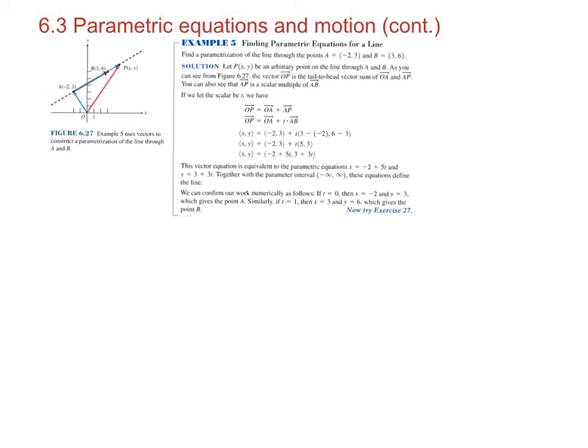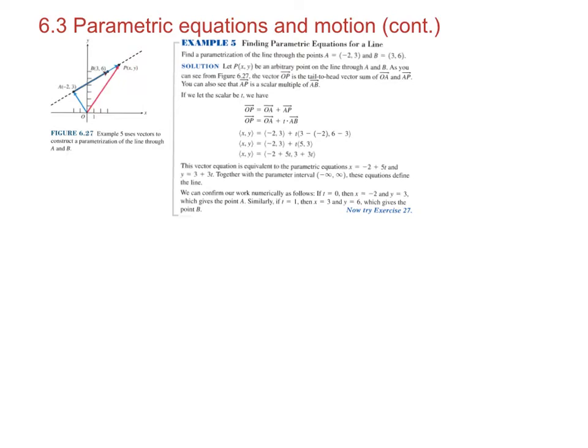Okay, so finding the parametric equation for a line. All right, see if you stick with me on this. First off, we're going to create a vector in the direction of line AB. Knowing that we have points A and B, and they are given to us here and here, we're going to go ahead and create a vector AB, by putting a third point, the point P, just arbitrarily on that line.